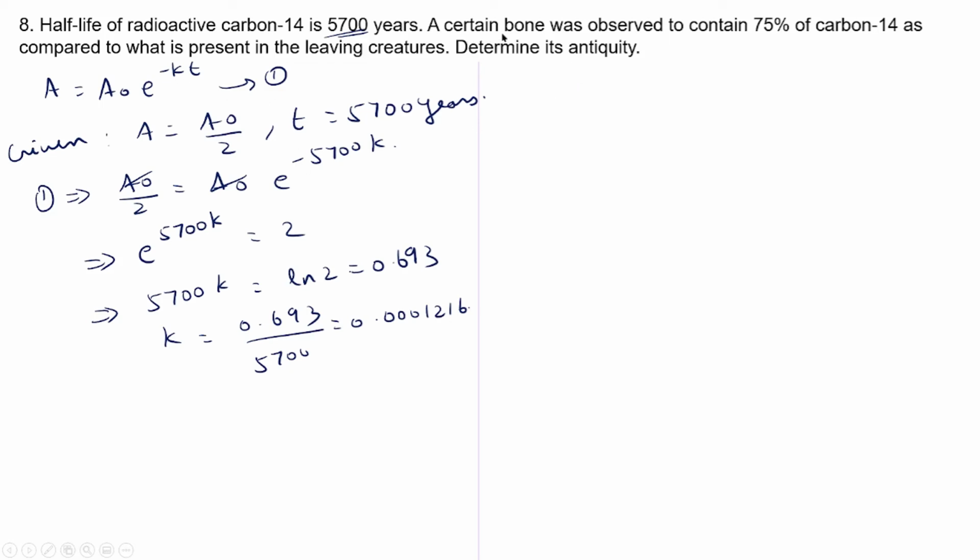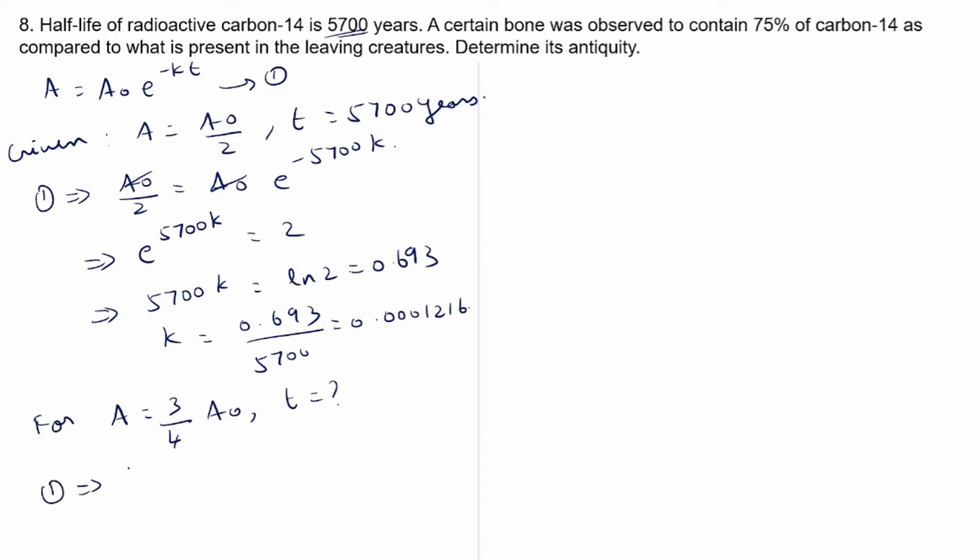And here it is given a certain bone was observed to contain 75% of carbon-14. We need to find its age. So for A is equal to 75%, it is 3 by 4 A naught. We need to find t.